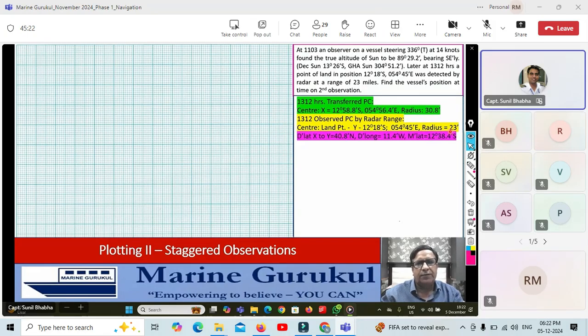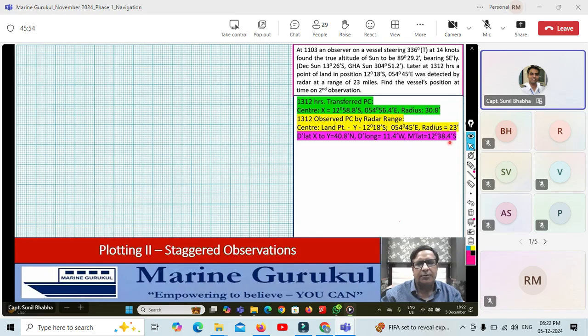Now the DLAT from X to Y, X is the center of the transferred PC, Y is the center of the observed PC. DLAT between their centers happens to be 40.8 minutes north. That means Y is 40.8 minutes north of X. And D long between the two happens to be 11.4 minutes west, and MLAT between the two is 12 degrees 38.4 minutes south.